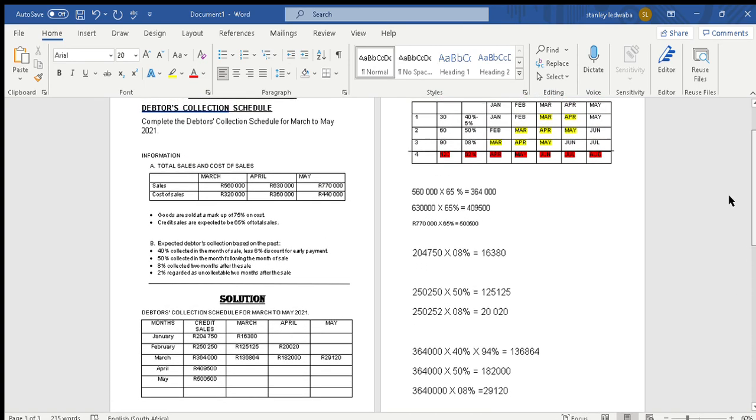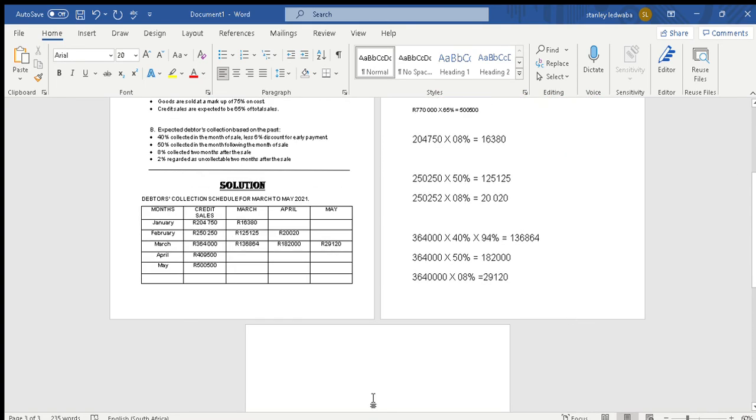It is on April, so we are going to have 409,500 multiplied by 40% multiplied by 94%. Let's do it quickly. 409,500 multiplied by 40% multiplied by 94%.